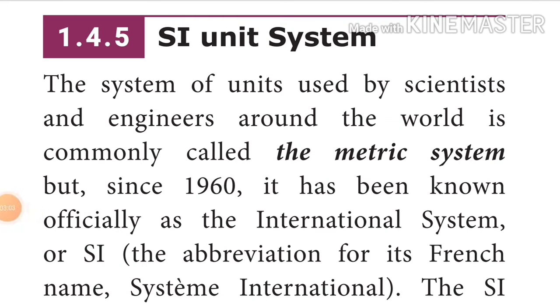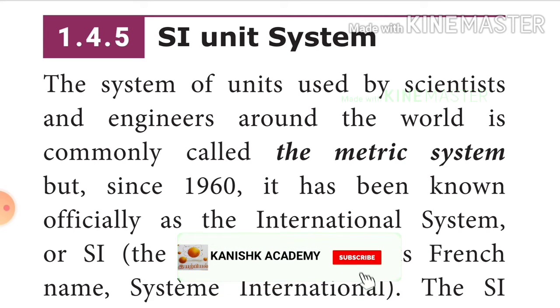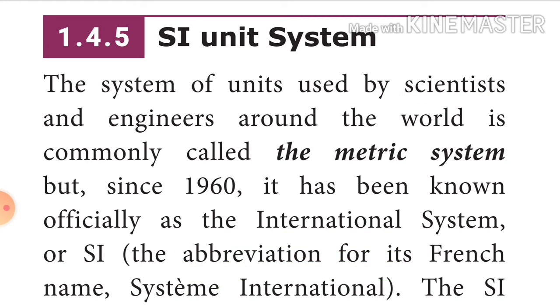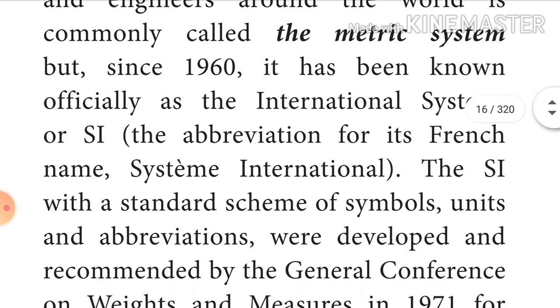Next topic, SI unit system. The system of units used by scientists and engineers around the world is commonly called the metric system, but since 1960 it has been known officially as the International System or SI.